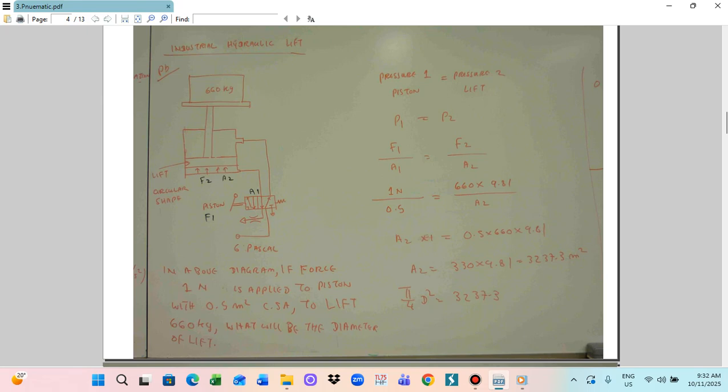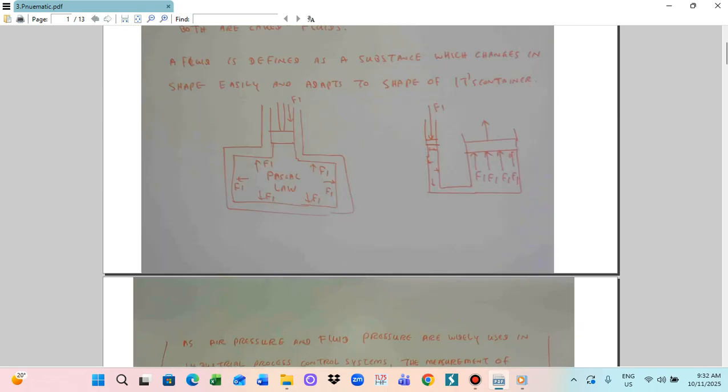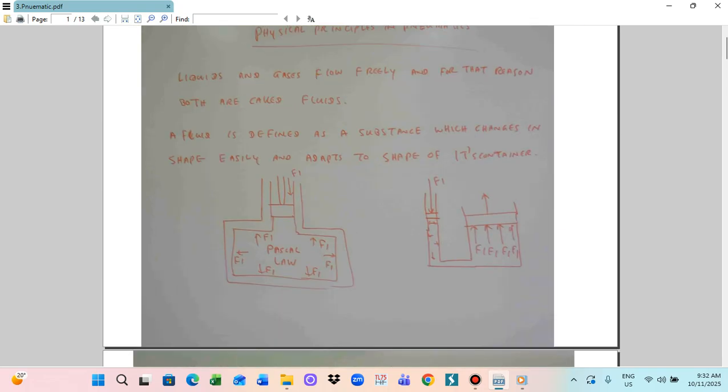So this follows Pascal's law. When you put pressure F1, in this direction also F1, this is F1, this is F1, and F1. So F1 can be multiplied in all the different directions.